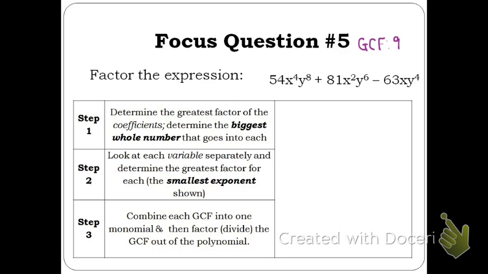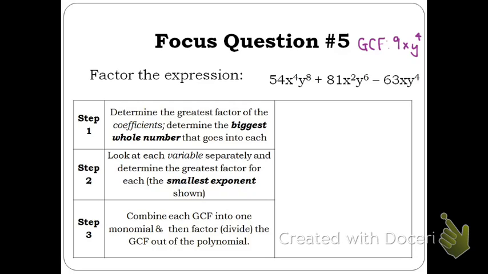And then now the good thing is when we look at variables, look for the lowest exponent if it's present in all three terms. So we have this was just plain 9x and then y to the 4th power.